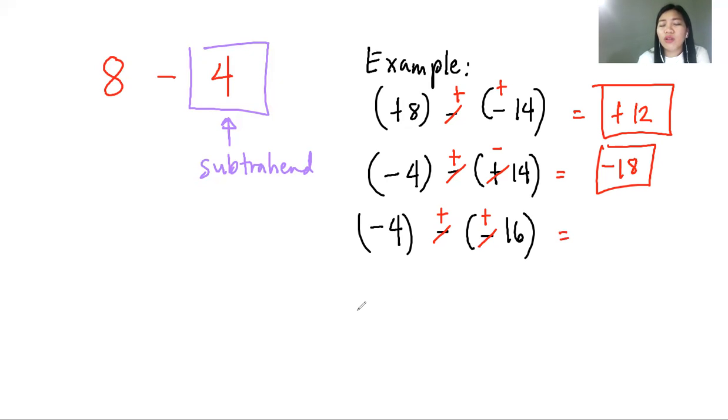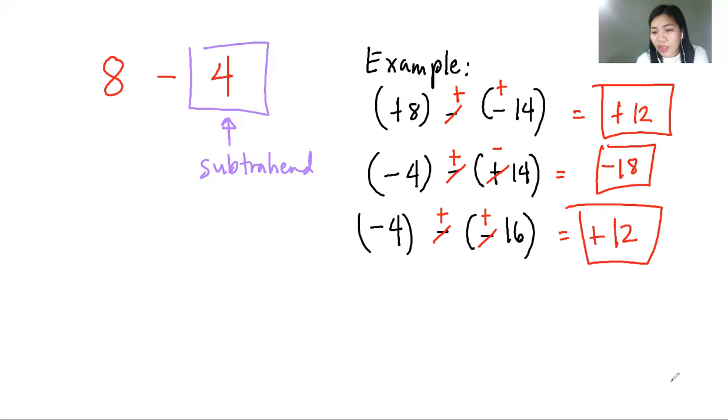Then we follow the addition rule, where both have different signs. The minuend is negative and the subtrahend is positive. So we subtract: 16 minus 4 is 12, and 16 is positive and 4 is negative. We will use the positive as the answer.